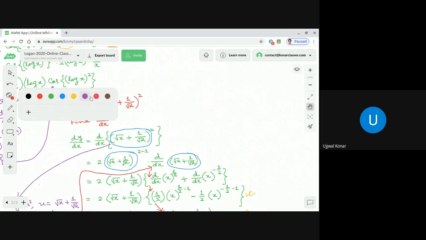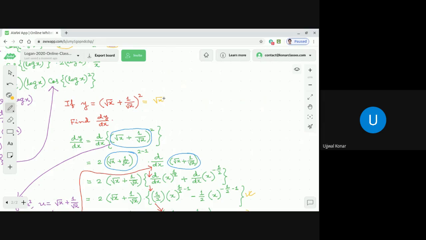See, what you can do is we can simplify this thing. What is square root of x plus 1 by square root of x whole square?